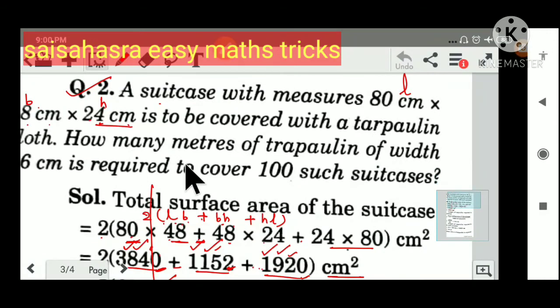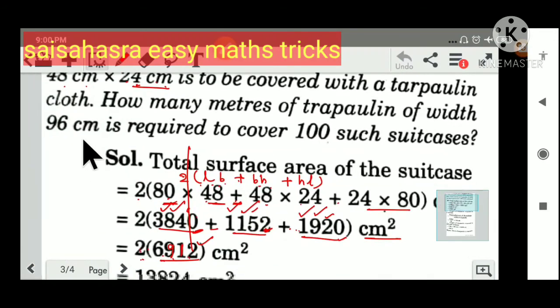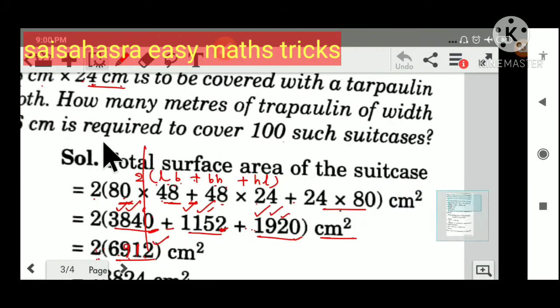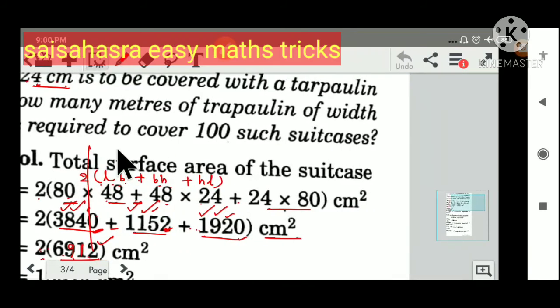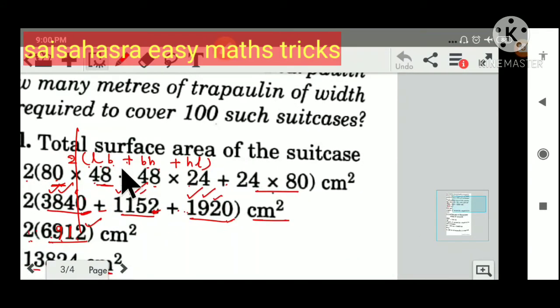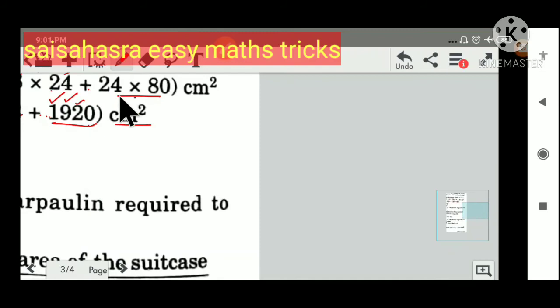But here, how many meters of tarpaulin of width 96 centimeter are required to cover 100 such suitcases? Here you observe, if you spread the tarpaulin cover on the ground, it will be a 2D shape. Let us assume that it is like a rectangle, with one side length and the other breadth.